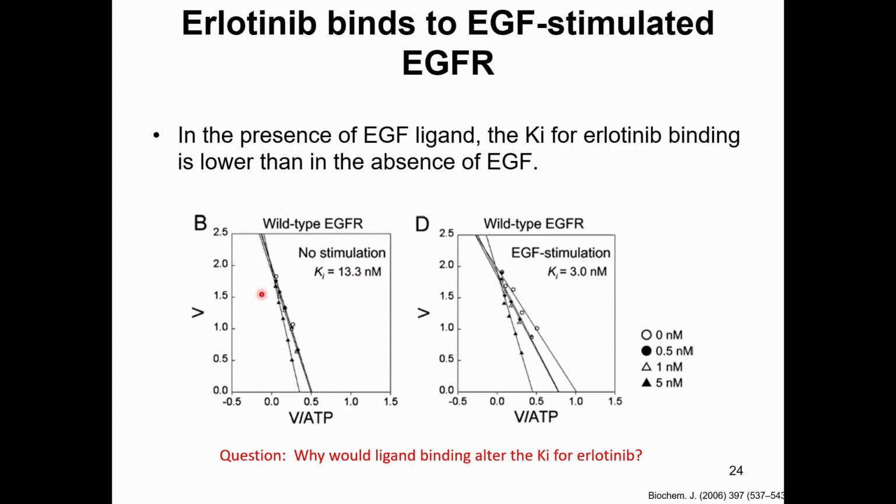And this is basically the sort of curves you get with ATP only. But if you actually add erlotinib, which is this drug that looks like ATP, it's an inhibitor, you actually change the Ki to 3 nanomolar for ATP. And that's because of competitive inhibition.